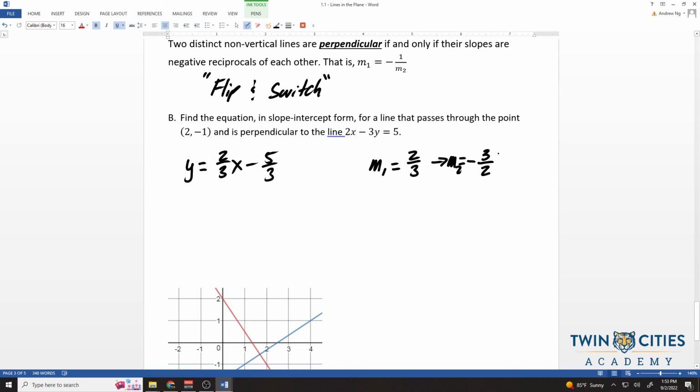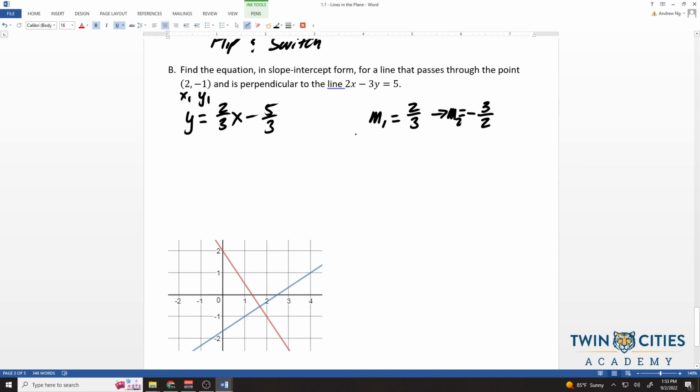Now use this and your point, x1, y1, in point slope form to find the equation for this perpendicular line. So this is y minus y1 is equal to m times the quantity x minus x1.